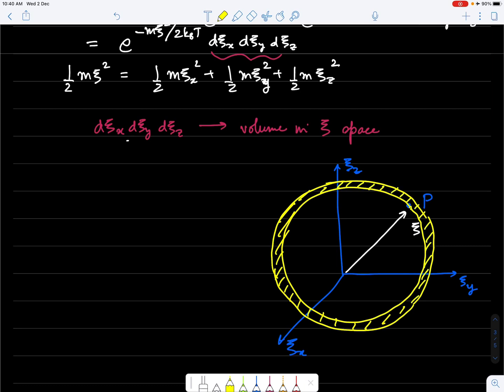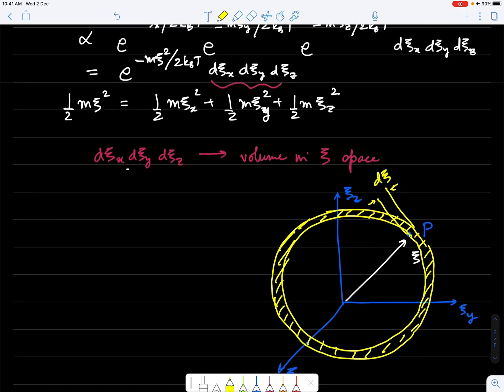So this element will essentially have a thickness of dξ, and if I can integrate over all speeds from 0 to infinity, I will actually have covered the integral over the three velocity components going from minus infinity to plus infinity.